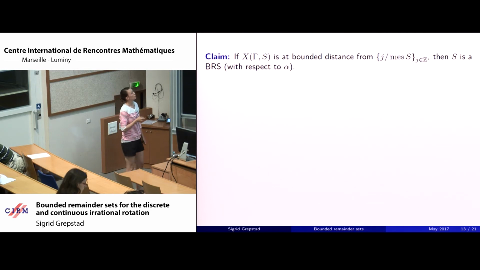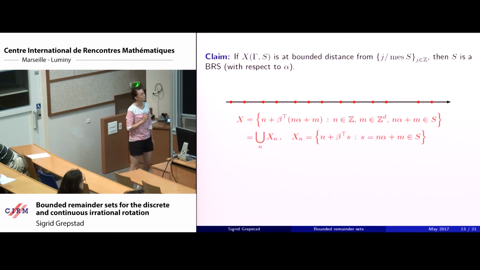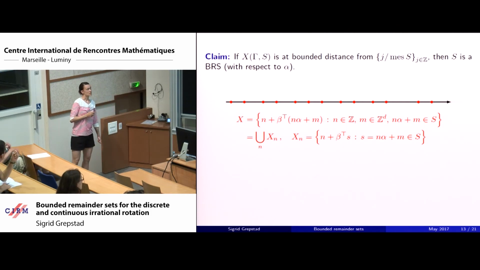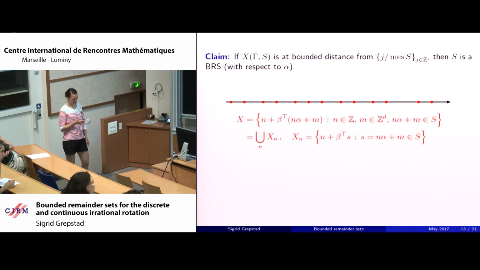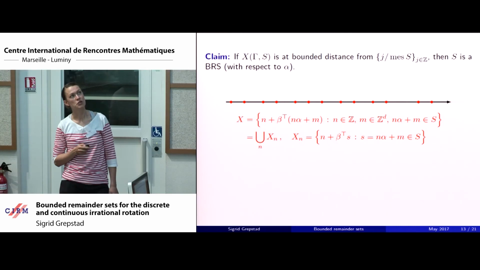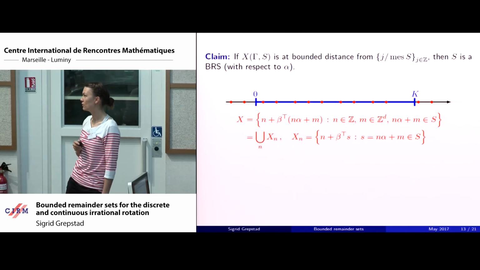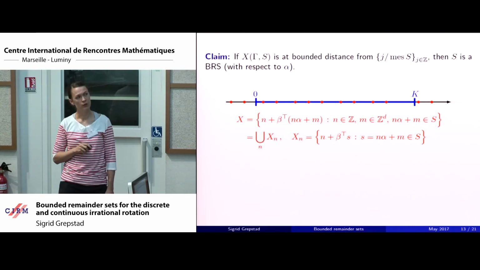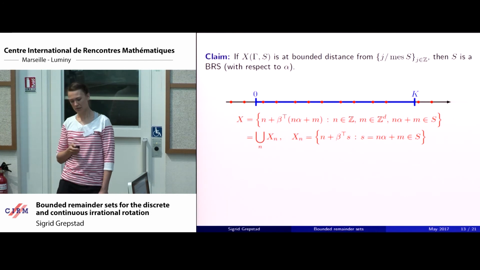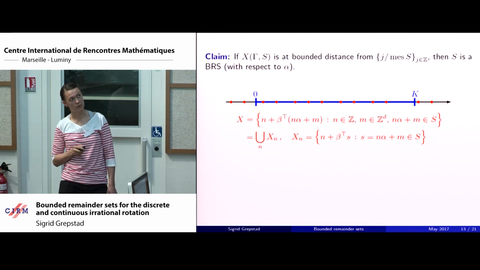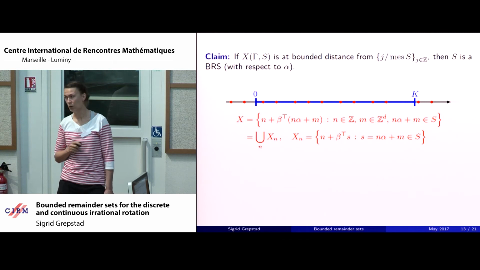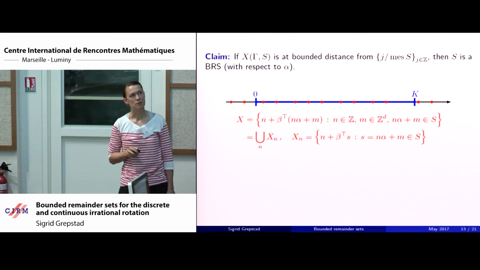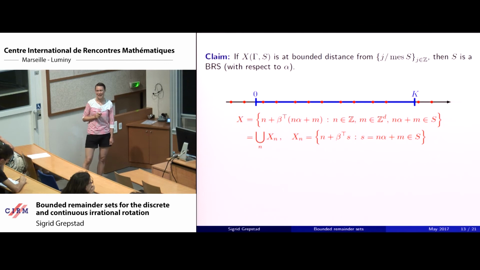So if we now return to our set X, we see that we can partition it into blocks X_n, where X_n looks like this. And if we are now looking at some large interval 0 to k, and we count the number of points hitting that interval, then necessarily, rather than counting the points as we find them, 1, 2, 3, and so on, we can count all the points in the block X_n at n.